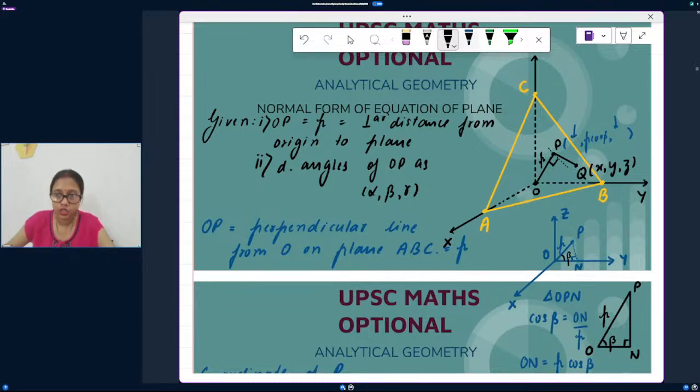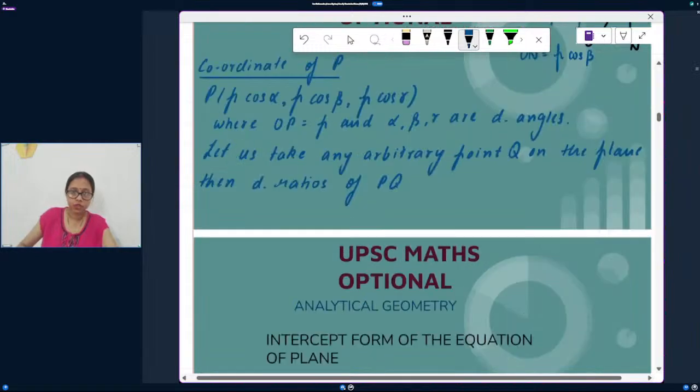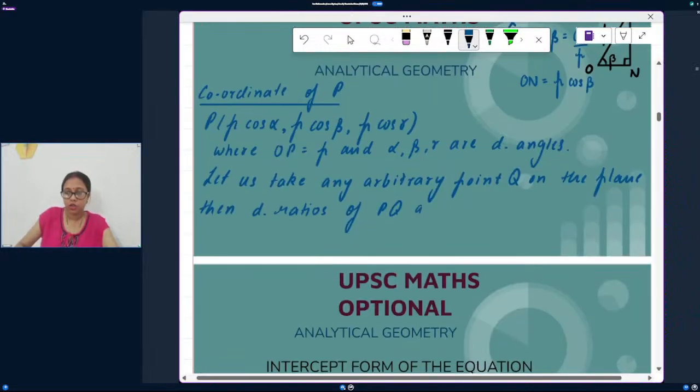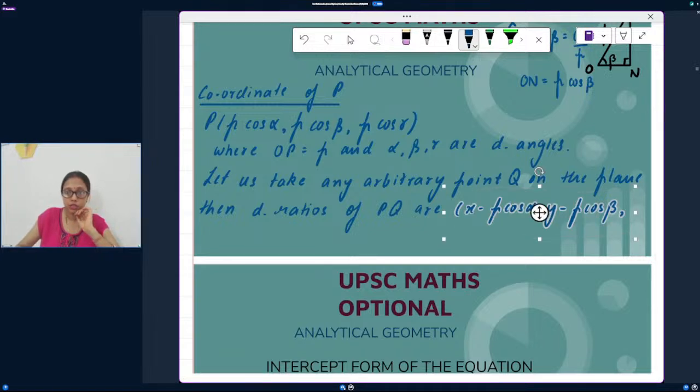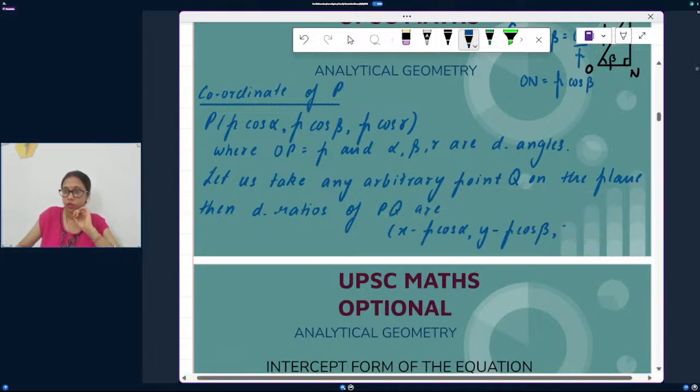So the direction ratios of PQ are x minus p cos alpha, y minus p cos beta, and z minus p cos gamma.